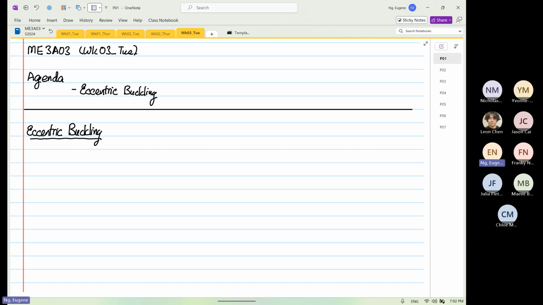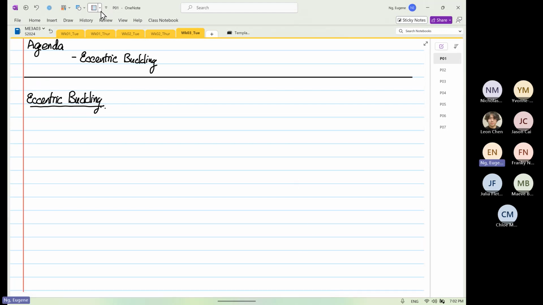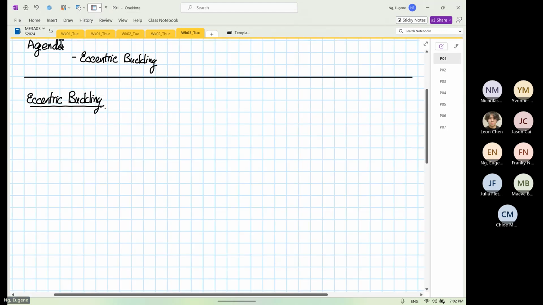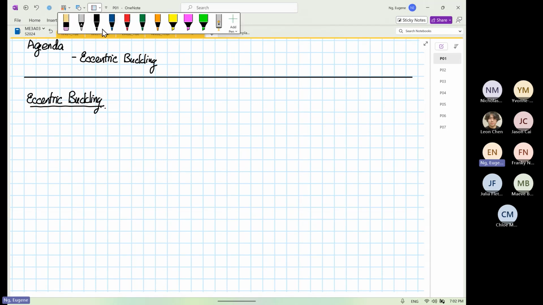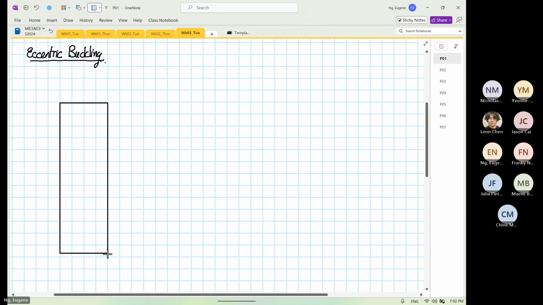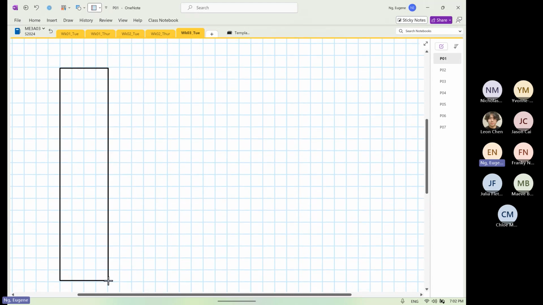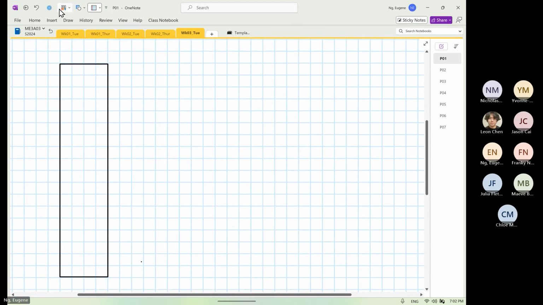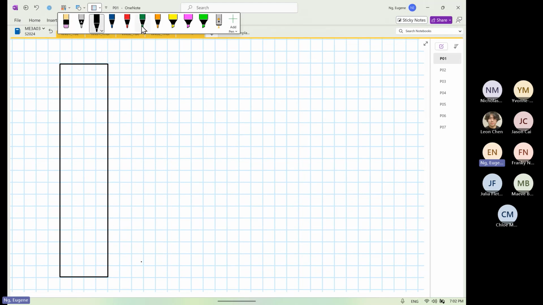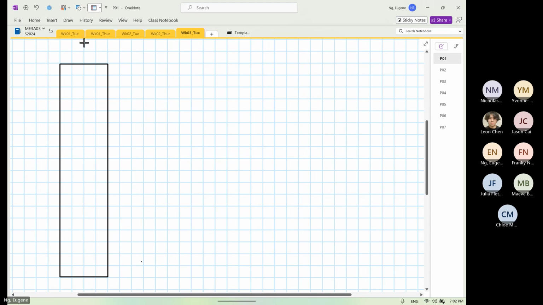Just to quickly recap, for eccentric buckling the configuration looks like this. I'm going to sketch what we mean by eccentric buckling. We have a beam, and then we have our centroid.